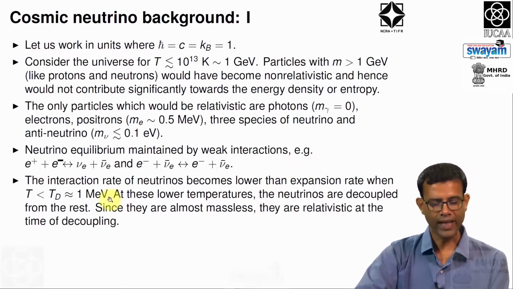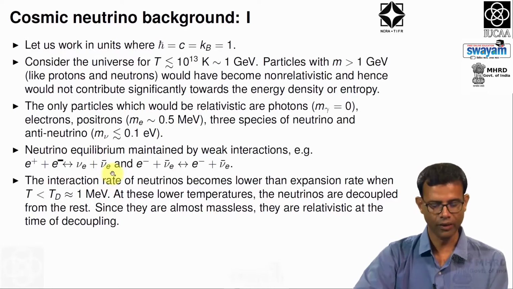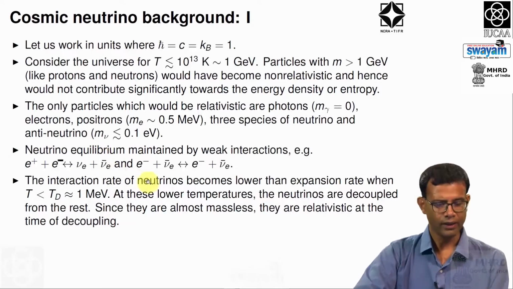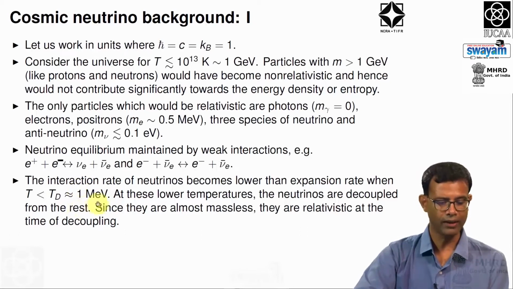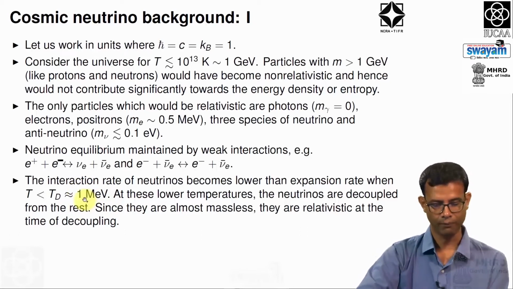That would happen. For that, you have to know the interaction rates of these interactions. If you have some idea about weak interaction rates, you can work this out. It turns out that this interaction rate will become negligible at temperatures of MeV.